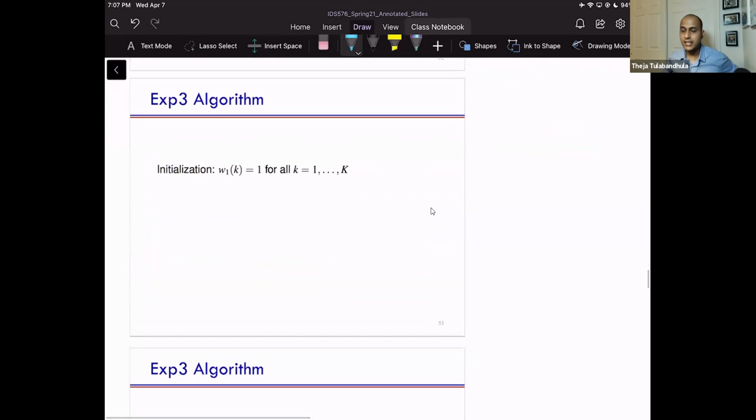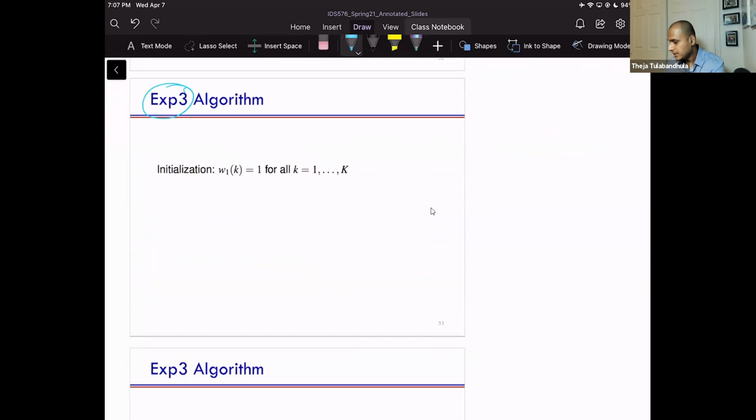You just have to think about this as yet another alternative, just like Epsilon-Greedy. This algorithm is called EXP3. These names generally come from the researchers who name them in their works. So what does this algorithm do?